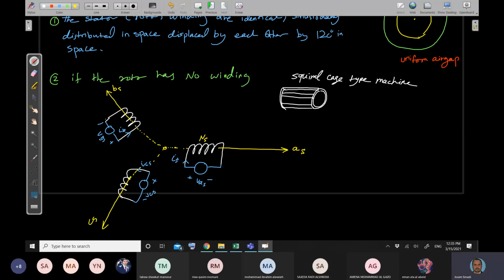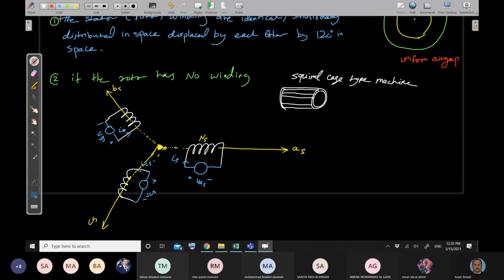Let's assume here is the joint. Good. Now, AS, BS, CS are stationary all the time. AS is pointing toward this direction, BS is pointing toward this direction, and CS is pointing toward this direction.